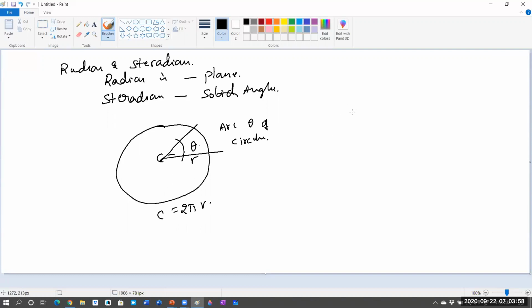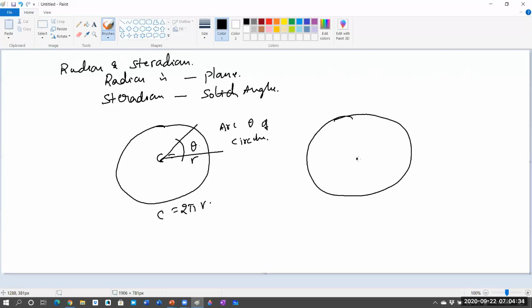Steradian is similar to the plane angle subtended by an arc. In a similar way, the measure of solid angle is defined as steradian. One steradian is defined as a solid angle with its vertex at the center of the sphere with radius r that is subtended by a spherical surface area equal to r square.